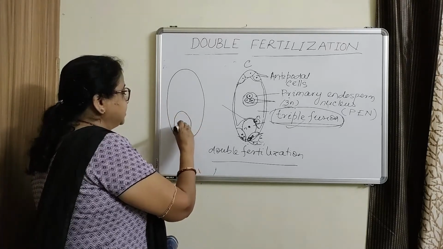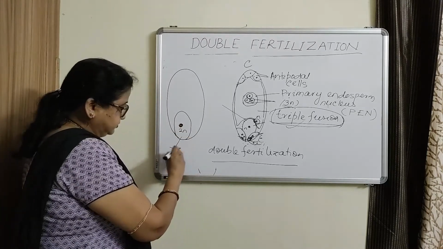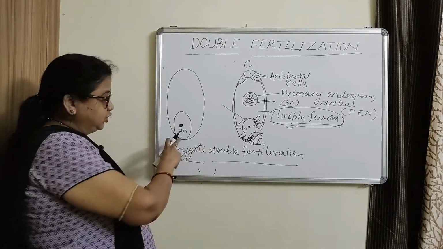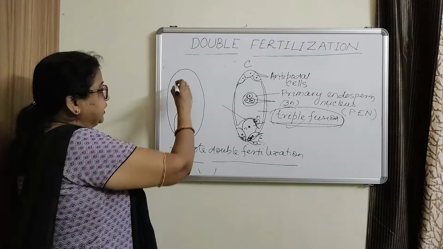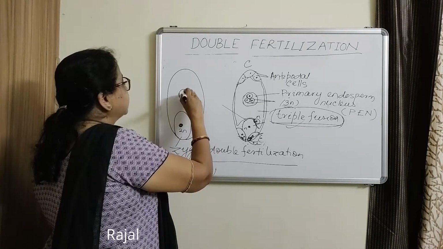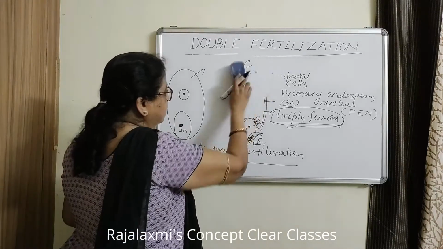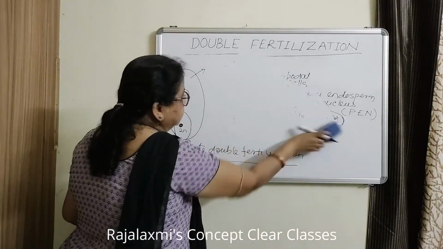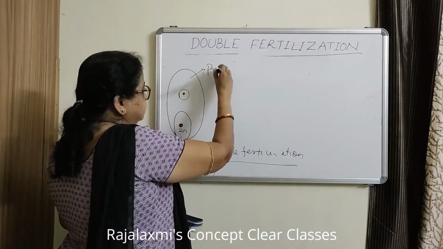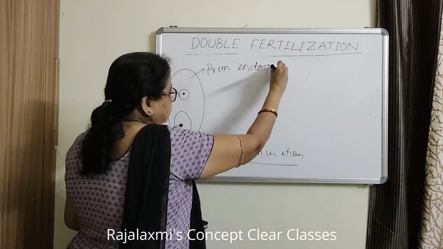One is the fertilized egg or the zygote, which has 2n chromosomes, or is diploid, and the larger cell, the central cell, is now known as the primary endosperm cell.